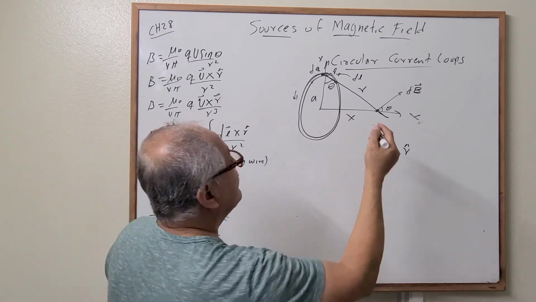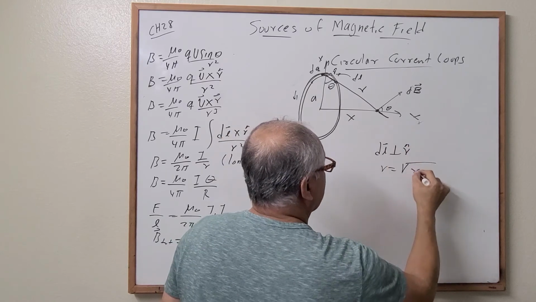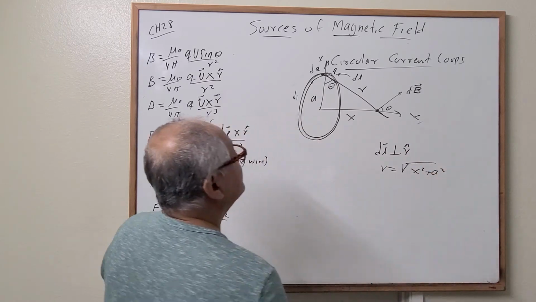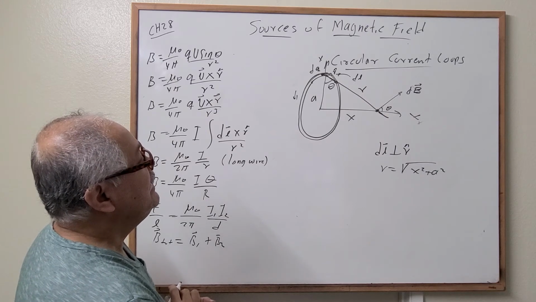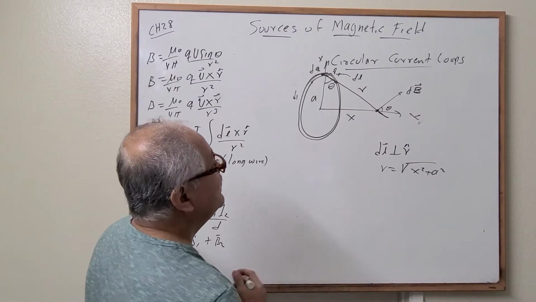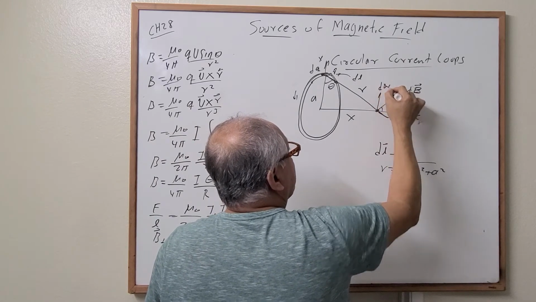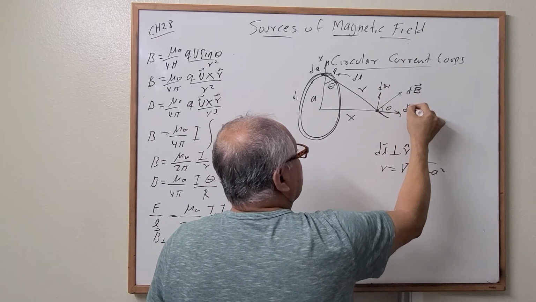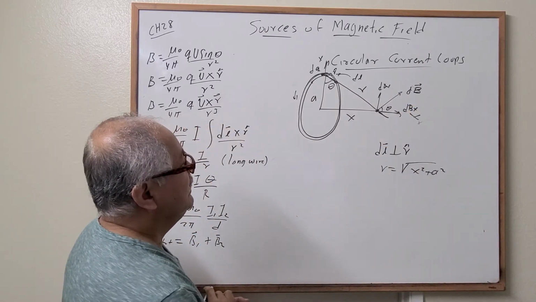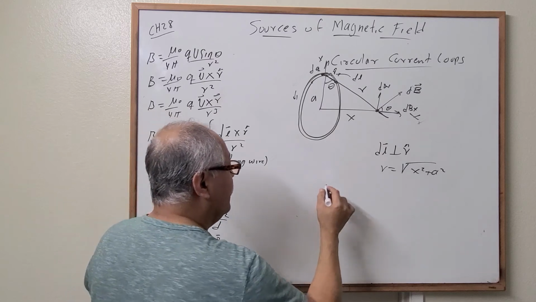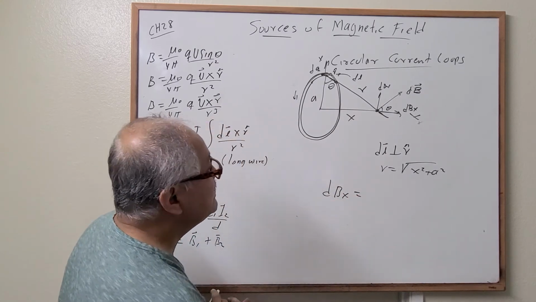One more time, right here we have r is equal to the square root of what? x squared plus a squared. Okay, perfect. And we're looking for, remember, the component. We have this component in the y direction, and we have this component in the x direction. In this case, you're looking for the component in the x direction, which is equal to what?